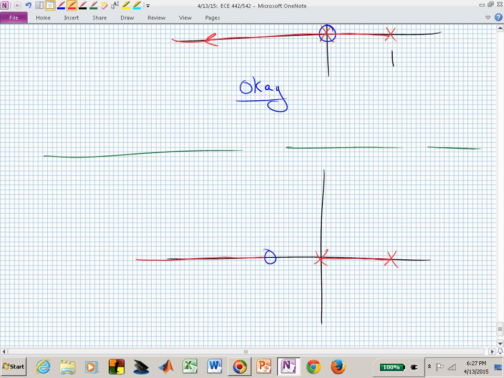How many root locus branches are there? Does that have anything to do with the number of real line segments on the root locus? Not really. There's 2 branches on each of these line segments. Is that clear? So now this guy is going right, this one's going left.